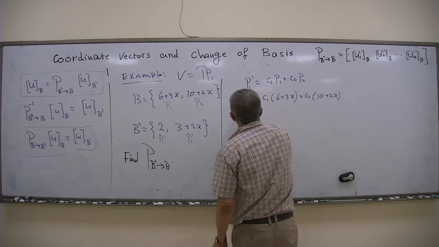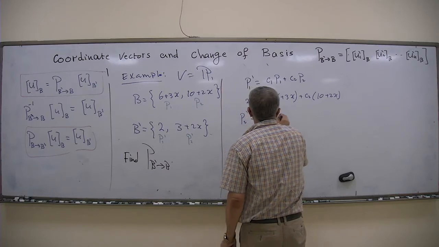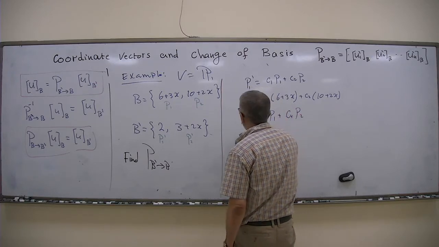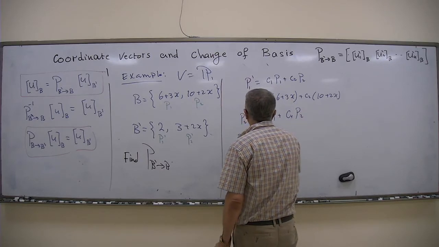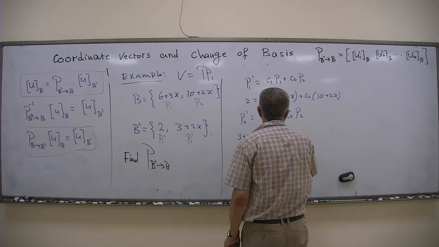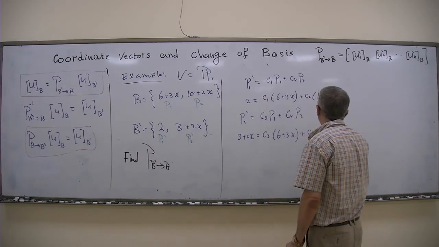And again, we take P2 prime equals C3 P1 plus C4 P2. From here, you have 3 plus 2x equals C3 multiplied by 6 plus 3x, and here C4 multiplied by 10 plus 2x.